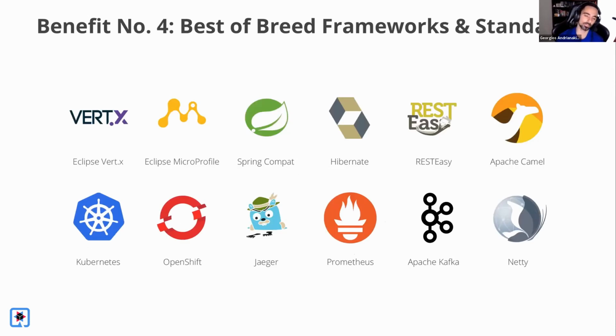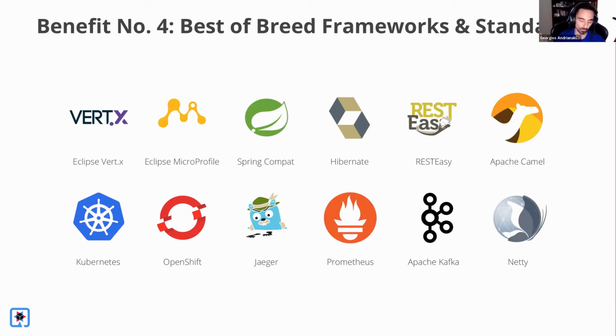And the fourth benefit, which we consider super important for adoption by users, is that Quarkus has so many integrations with all the frameworks and libraries that you already use, right? When you're coming to Quarkus from a Java enterprise world, you already have most of the knowledge you need in order to write a Quarkus application.